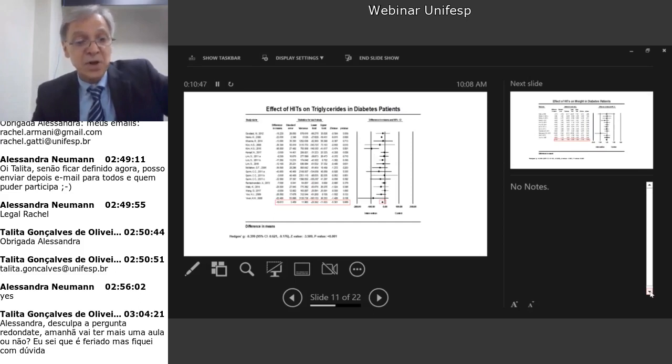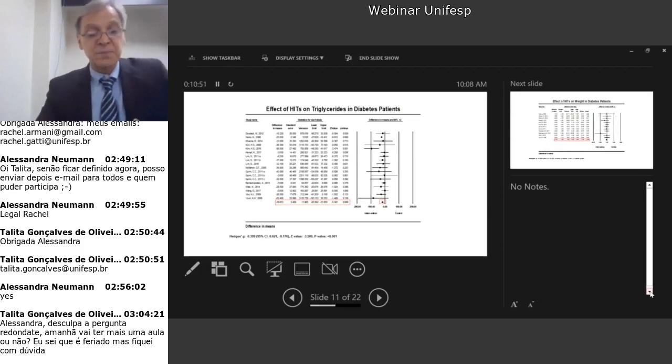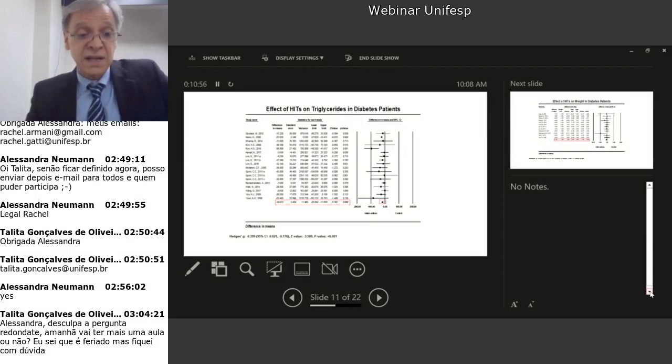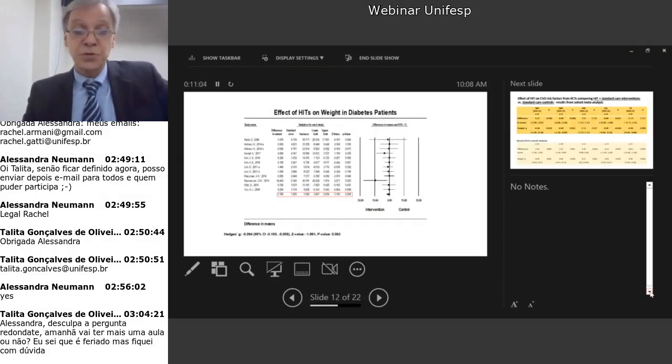HIT could not help to manage triglycerides in diabetic patients. It's also a risk factor for coronary heart disease and for all ischemic heart disease. They say it's a precursor of lipoprotein that goes badly. So that is one you want to control too. It also did not affect the body weights of these people.